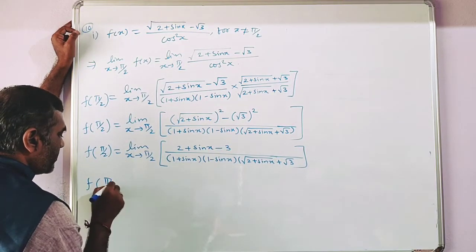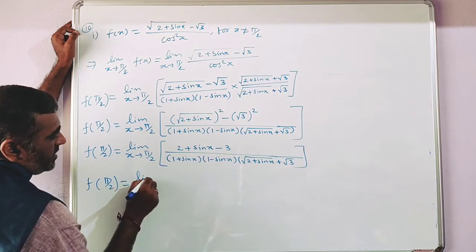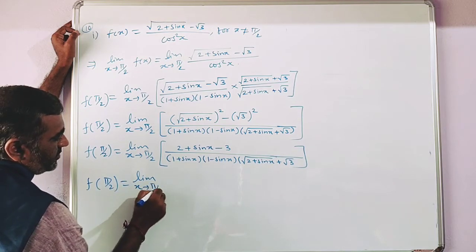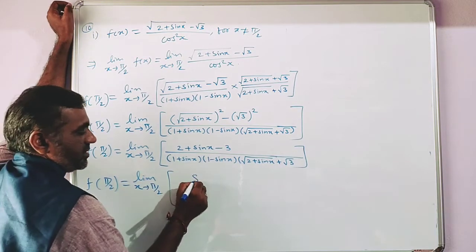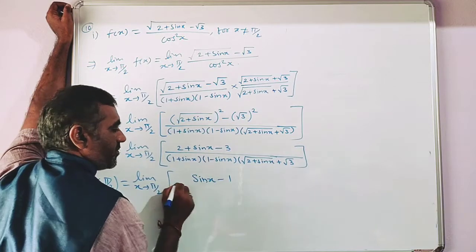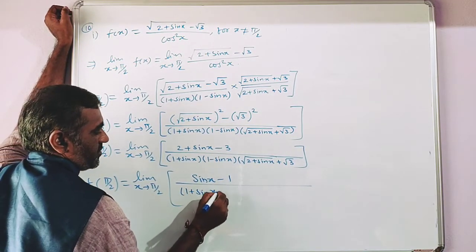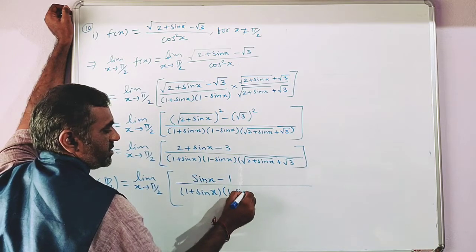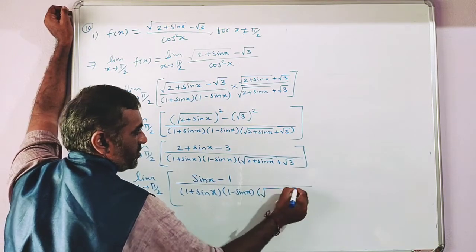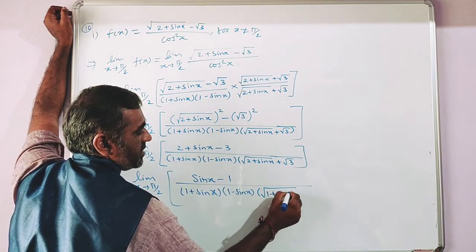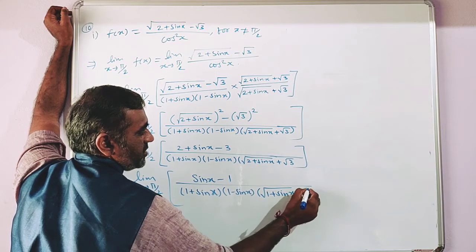F of pi by 2 is equal to limit as x tends to pi by 2 in bracket sin x minus 1 whole divided by 1 plus sin x, 1 minus sin x, square root of 1 plus sin x plus root 3.